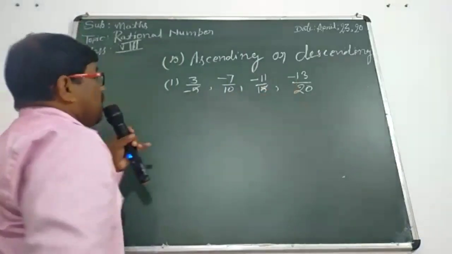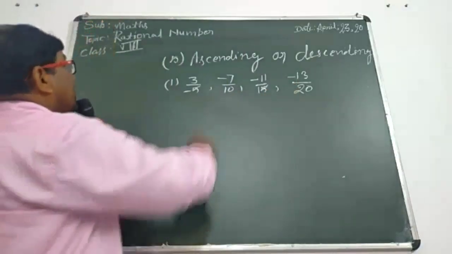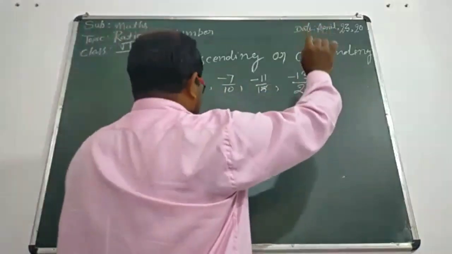These are the rationals, 4 rationals. We should consider ascending and descending together.